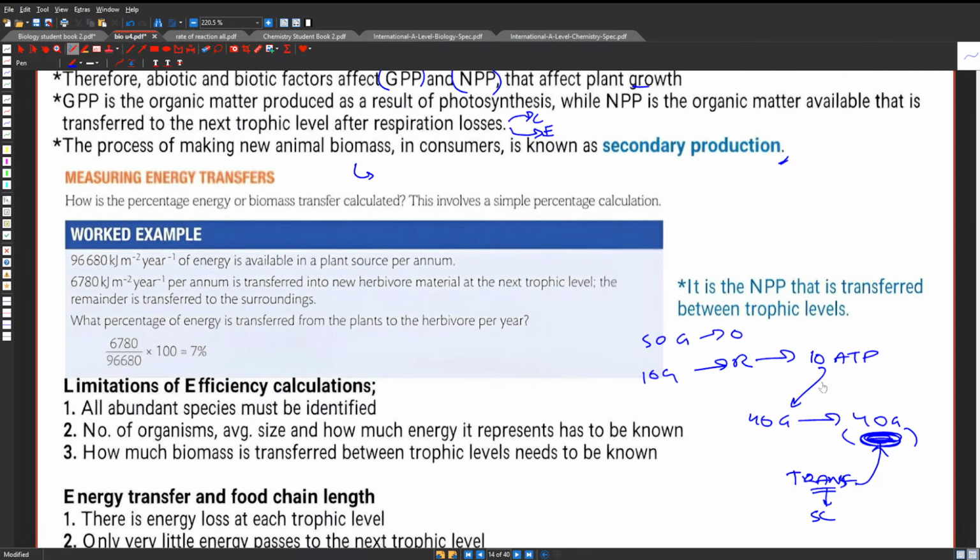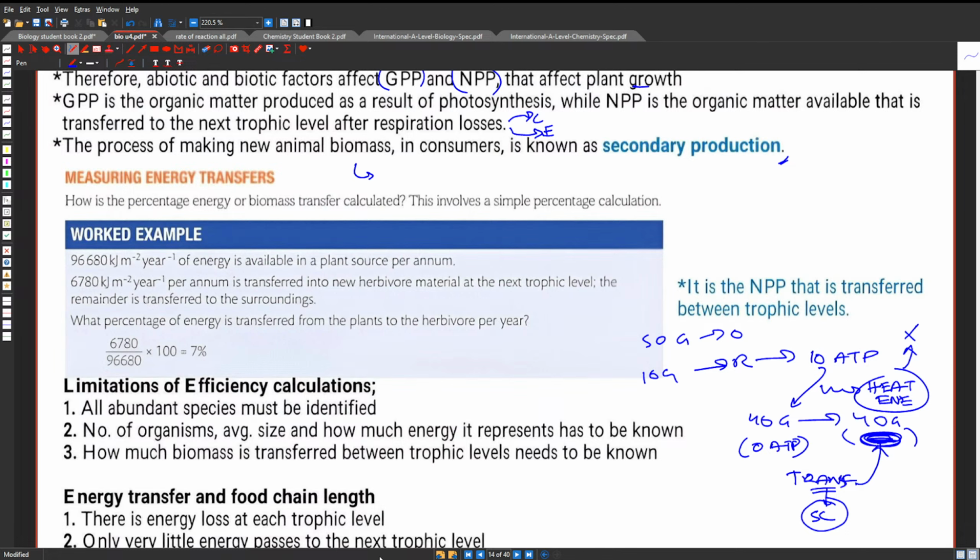But this 10 ATP, when it's trying to turn that 40 into 40 grams which is edible and transferable, is used up, and therefore now you have 0 ATP left. Where did that ATP go? It is dissipated as heat energy. So this energy is not transferable to your secondary consumer or higher trophic level. It's entirely gone.